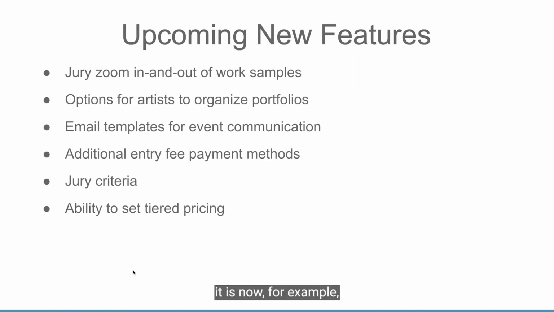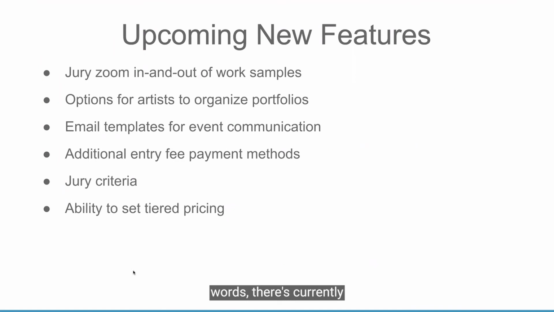So with how it is now, for example, you could charge $30 for 3 images and $5 for each additional image above 3, but that would mean that you have to set your minimum number of images to 3, meaning an artist must submit at least 3 images no matter what.